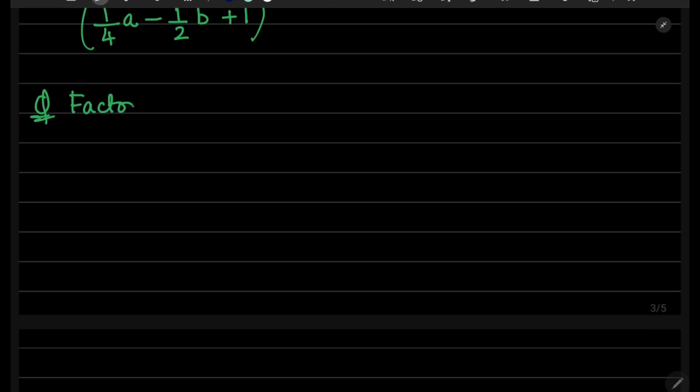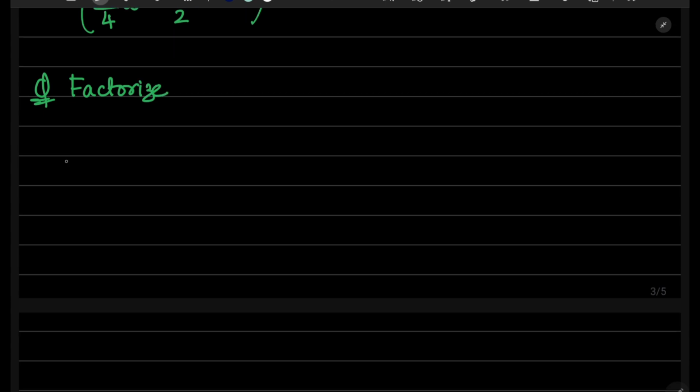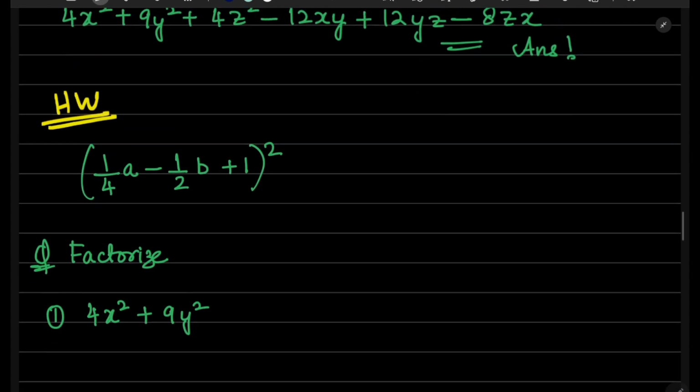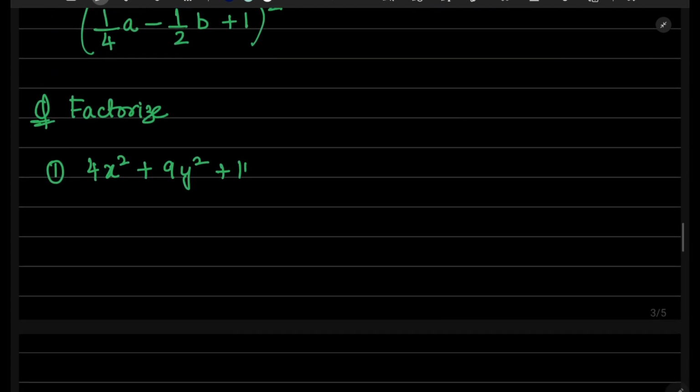factorize this. Number 1, 4x square plus 9y square, okay, plus 16z square plus 12xy minus 24yz minus 16xz.